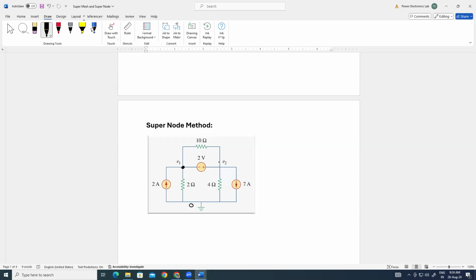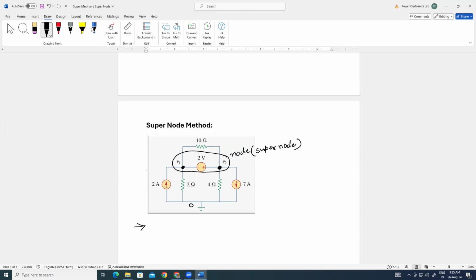So there is a simpler way, called the super node method, where we assume V1, V2 and the 2 volt source together as a node. It is called a super node.